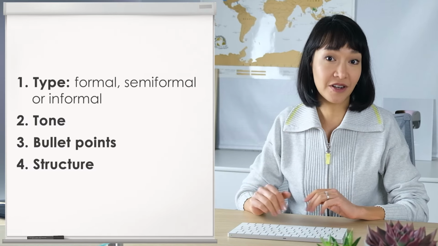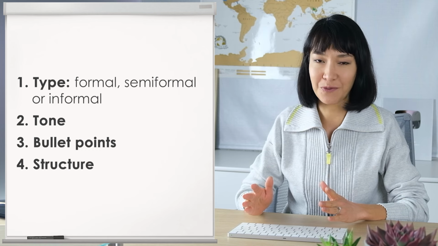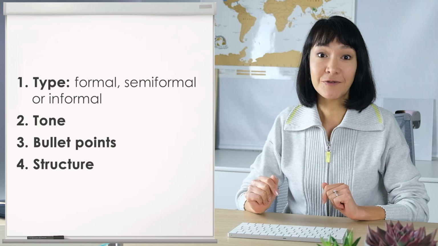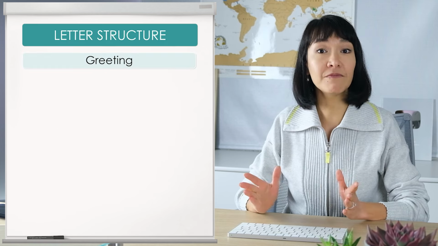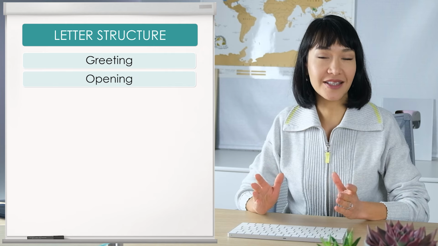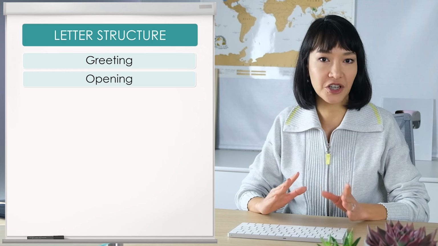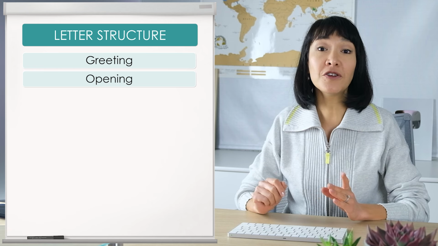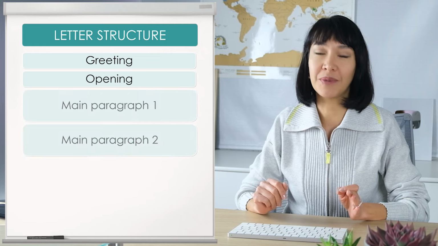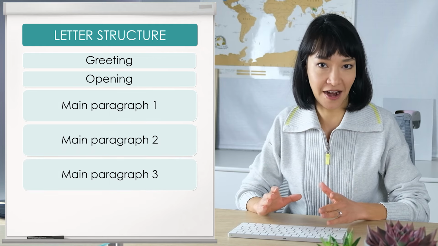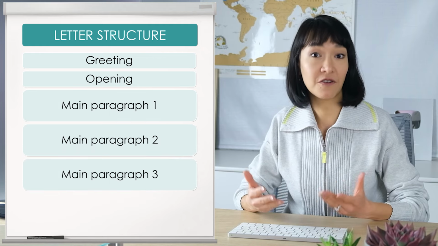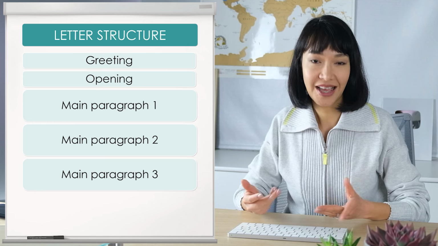A letter, especially a formal one, must have a clear structure. There are several options to choose from, but in our letter, we have this: a greeting, an opening that states the purpose of the letter and probably some information about the sender, followed by at least 2, but usually 3 paragraphs that cover those bullet points.